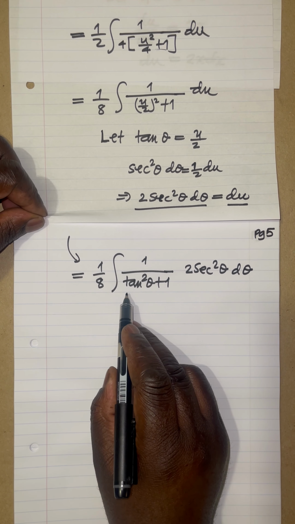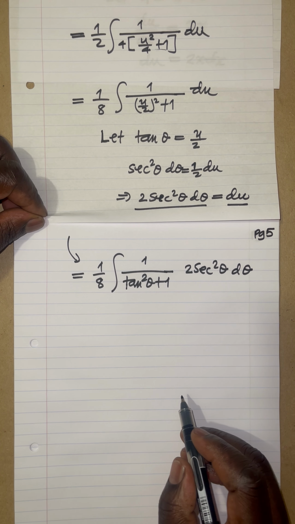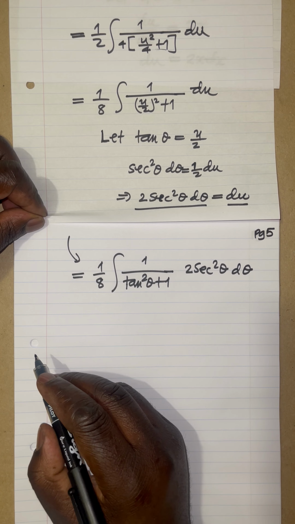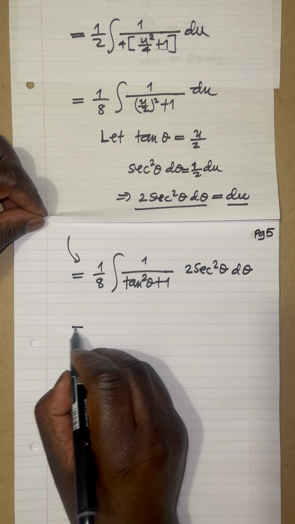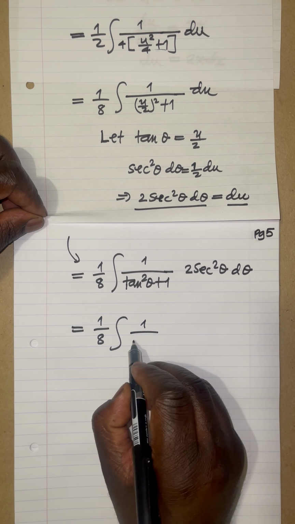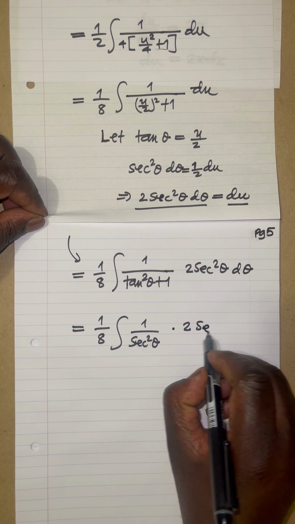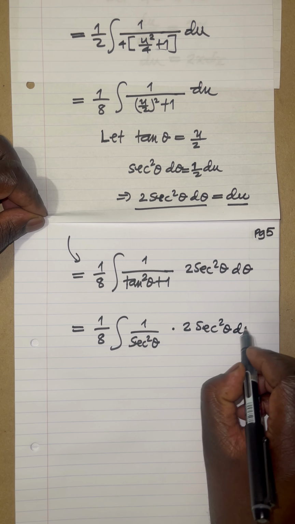You'll agree with me, looking at the previous videos I've presented on this channel, that tan squared plus 1 equals sec squared. So this is 1 over 8, the integral of 1 over sec squared theta times 2 sec squared theta d theta.